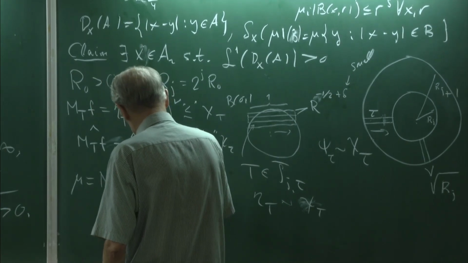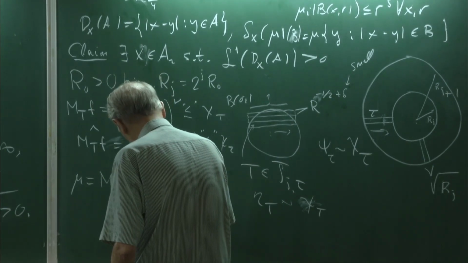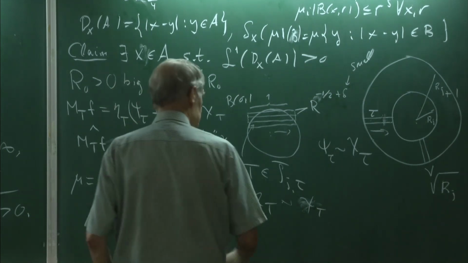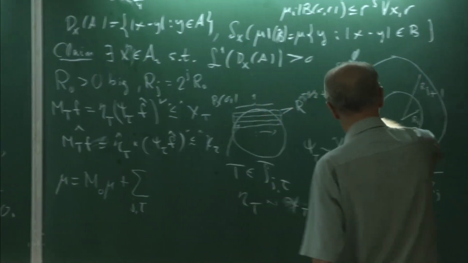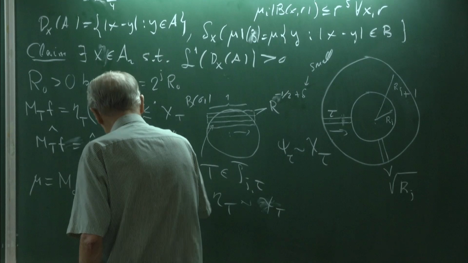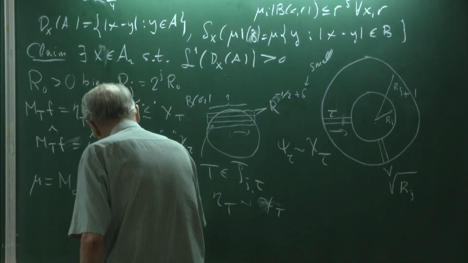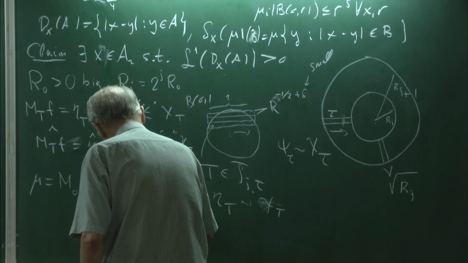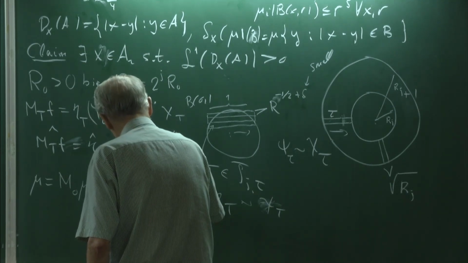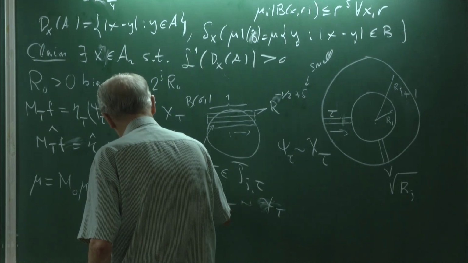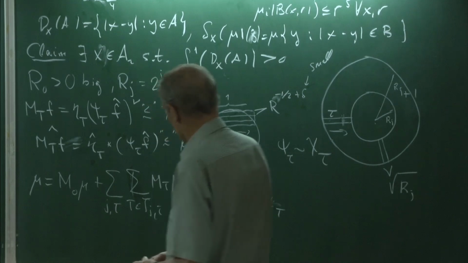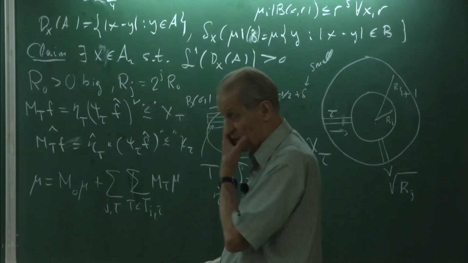But then the rest is the sum over j and tau, so every annulus and all these rectangles here, and then the sum over all these which are generated by those d_j tau, of M_t mu. So this is the decomposition.